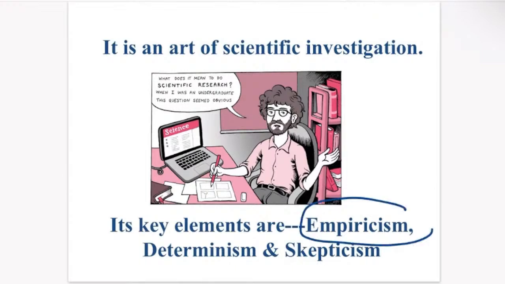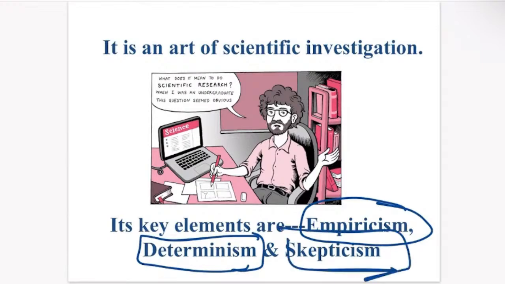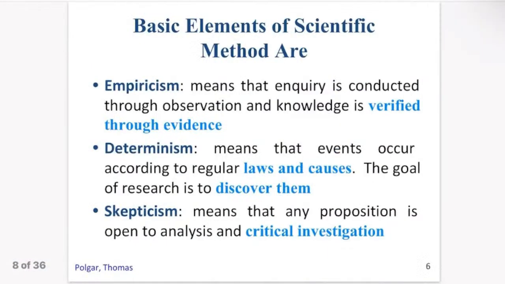Empiricism means objectivity, based on facts, and determination, where you try to determine what is happening and why it is happening. And skepticism means you are very critical about certain things: why are these things happening, whatever I am thinking, whatever I am writing, whatever my findings are, are they right or not. All those things are part of research.